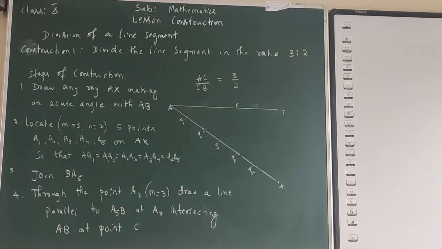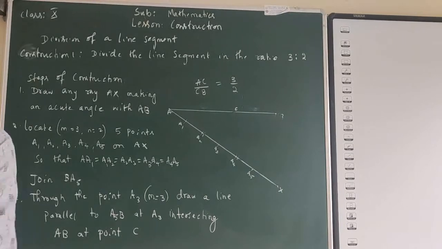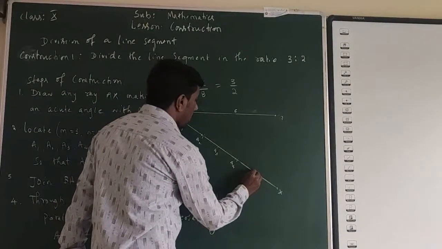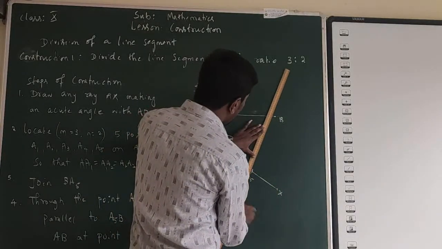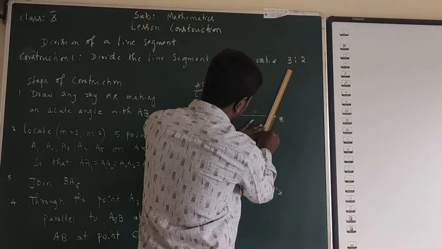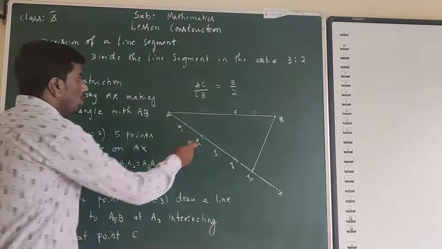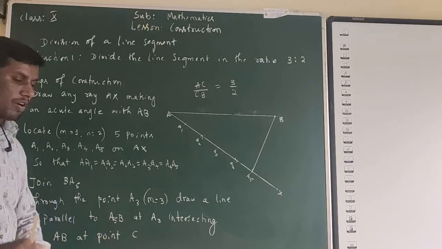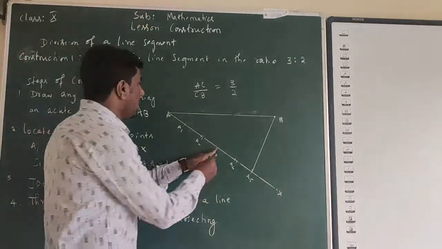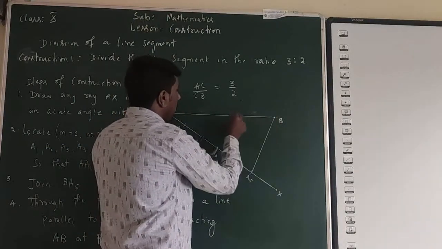Now join B and A5. With the last point A5, I should join B. So join BA5. Then the next step: through the point A3, draw a line parallel to A5B, which intersects AB at some point.